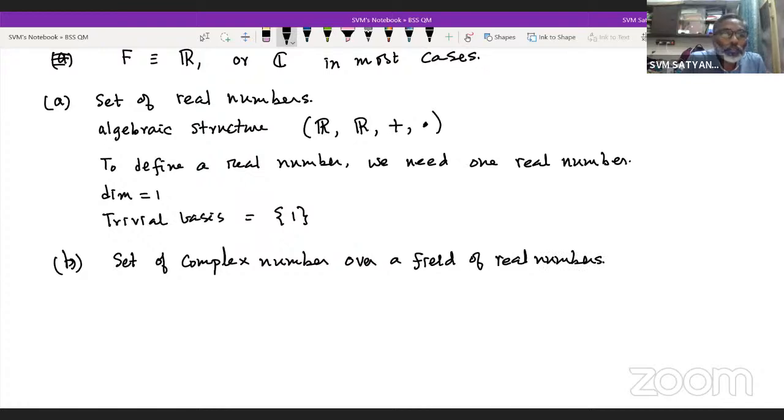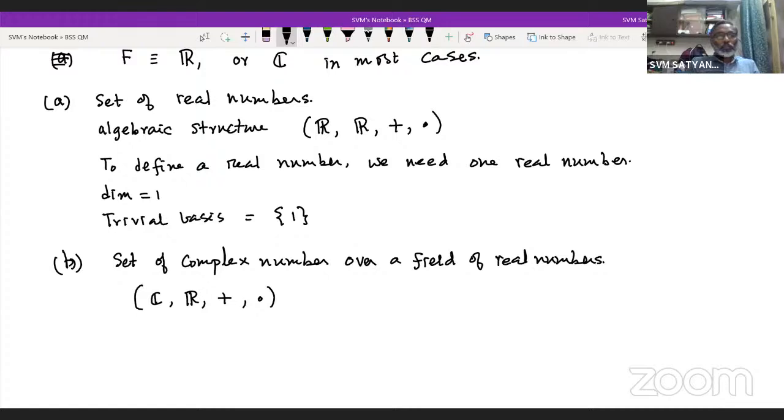So what does that mean? My algebraic structure is: I have complex numbers, real numbers, plus, and this also forms a vector space. You can check with all the axioms. It will satisfy all the axioms.